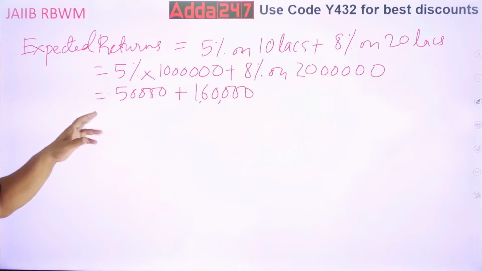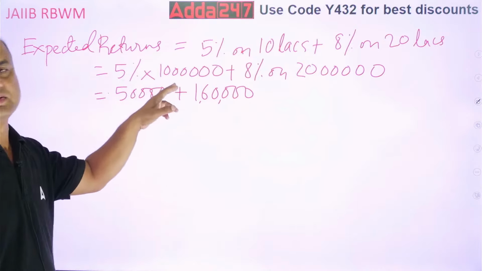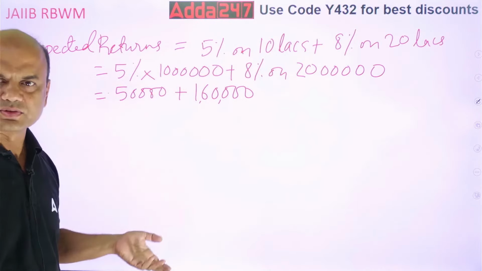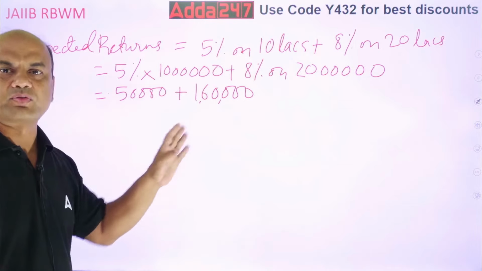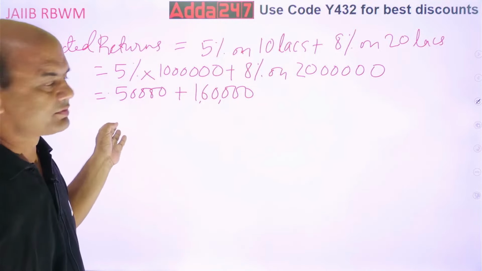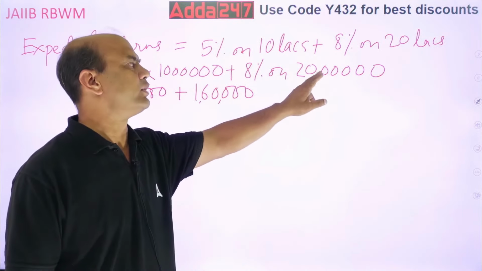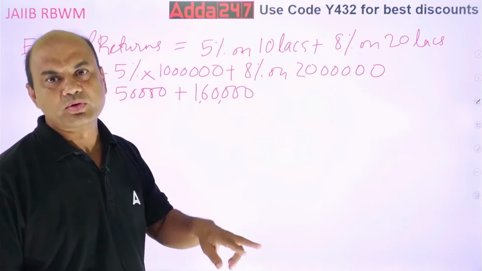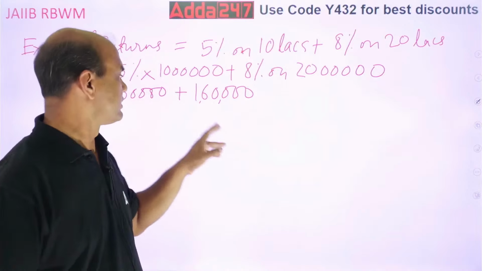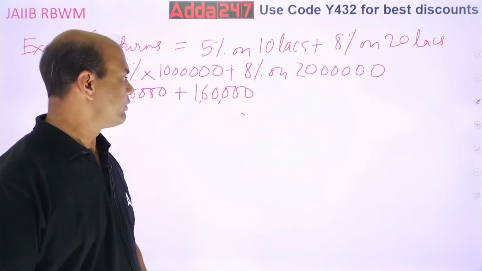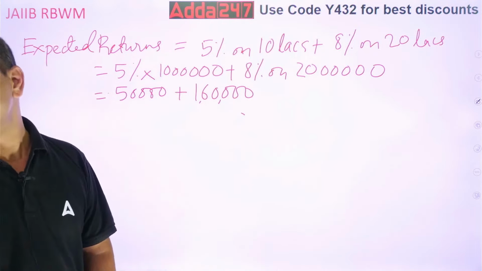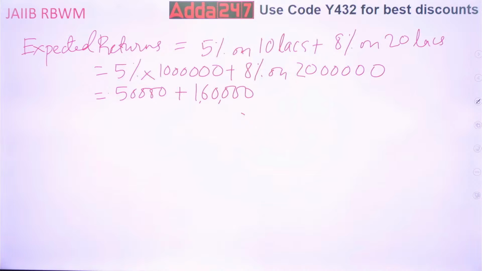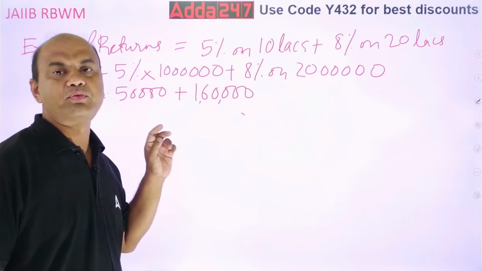See how to calculate it. You can do it orally or on the calculator. 10% of 10 lakhs is 1 lakh, so 5% will be half, 50,000. Similarly, 10% of 20 lakhs is 2 lakhs, so 8% will be less: 8 times 2 is 16, so 1,60,000.